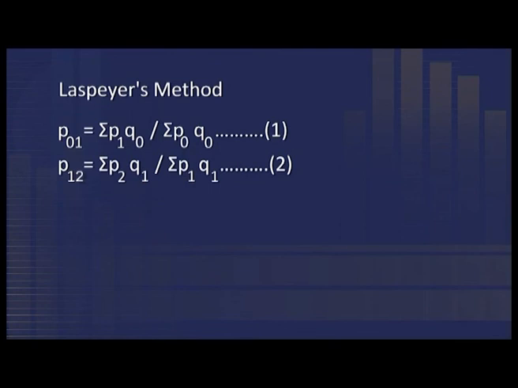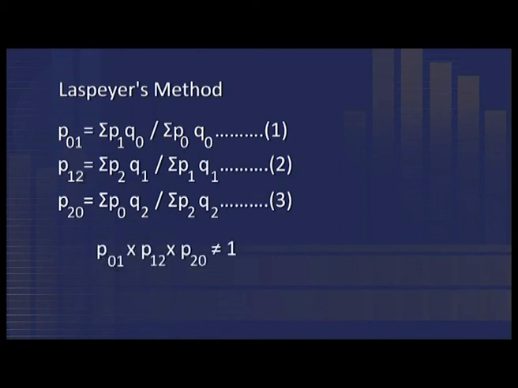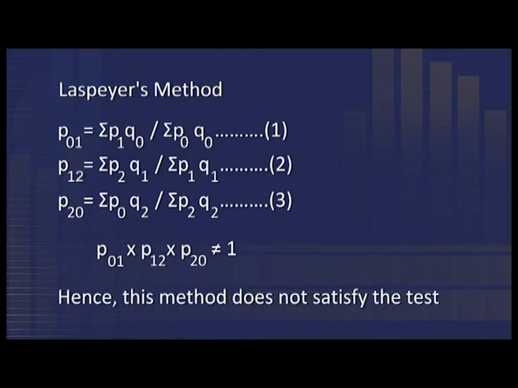P12 is equal to summation of P2 Q1 divided by summation P1 Q1. P20 is equal to summation of P0 Q2 by P2 Q2. When taken the product of the 3 years, it is not equal to 1. And hence, this method does not satisfy the circular test.